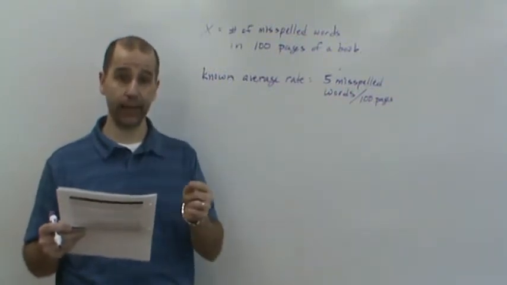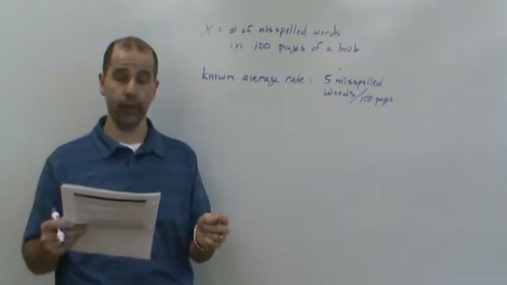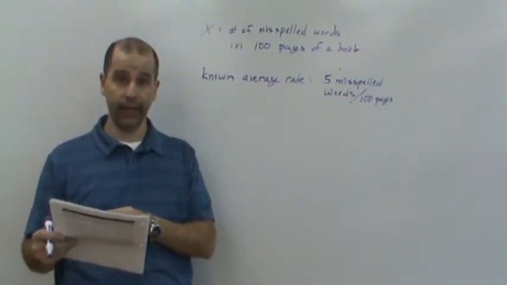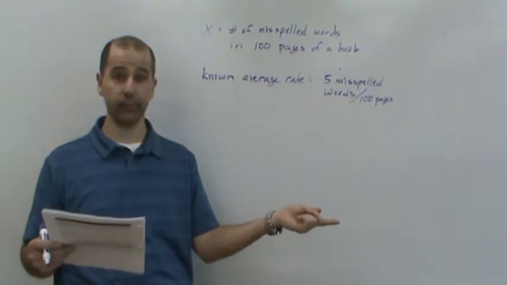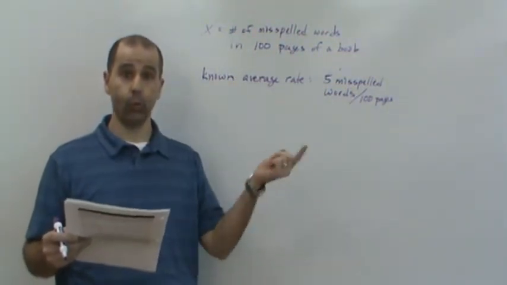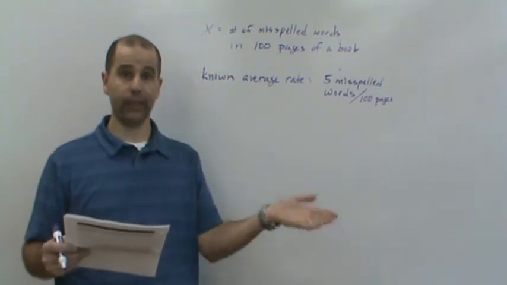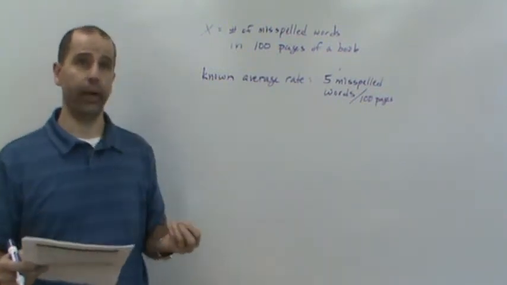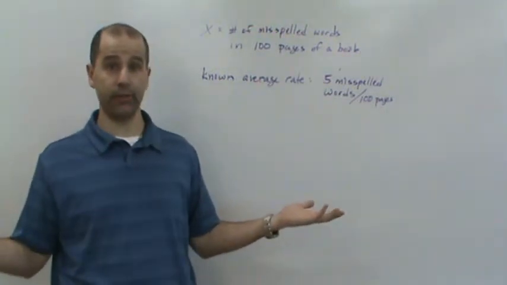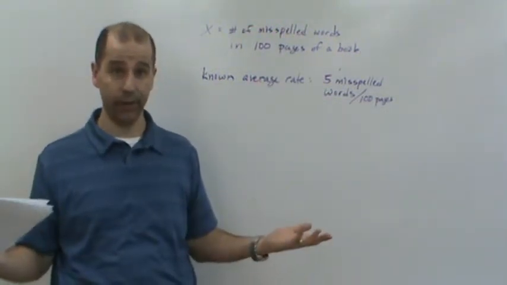So if we're scanning for misspelled words, then the next misspelled word that we find is going to be independent of how long it's been since the last time we found a misspelled word. Think about it this way. The misspelled words could happen anywhere within the 100 pages, right? There's not going to be any kind of pattern to it, right?